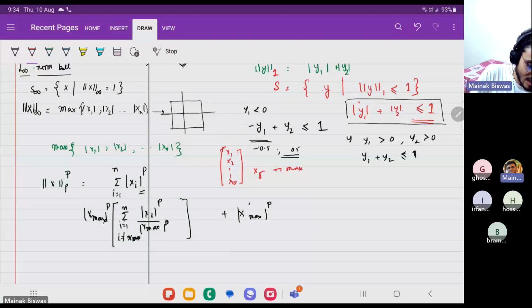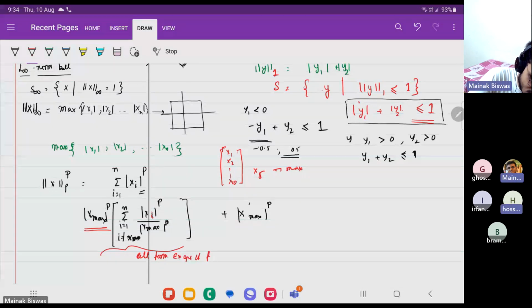So if I divide by x5 throughout, what will I have? x1 by x5 plus x2 by x5 and so on. So I have taken x5 common outside, and I have summed all the terms except the largest term, x5. Yes, the largest term.